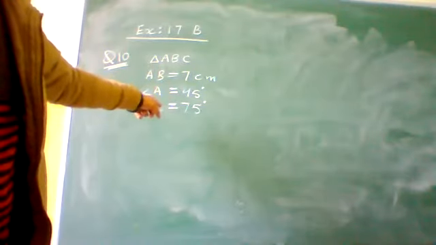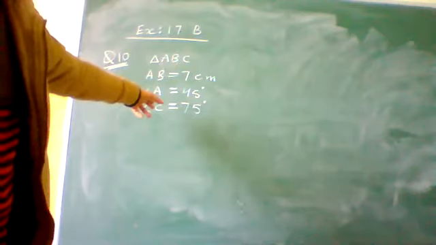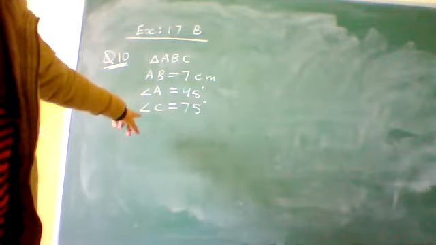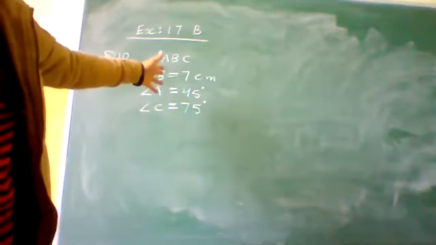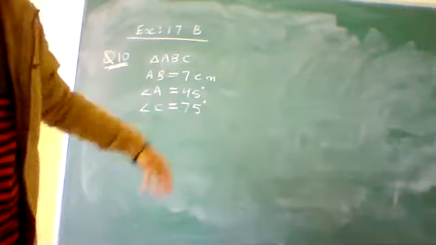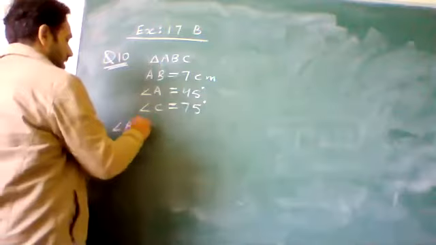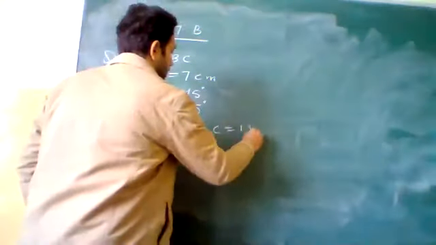Angle B is not given, but we can use the angle sum property to find angle B. Angle A plus angle B plus angle C is equal to 180 degrees.